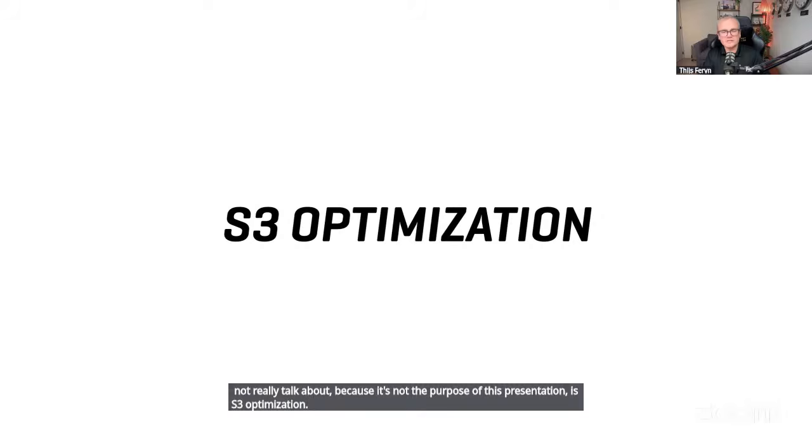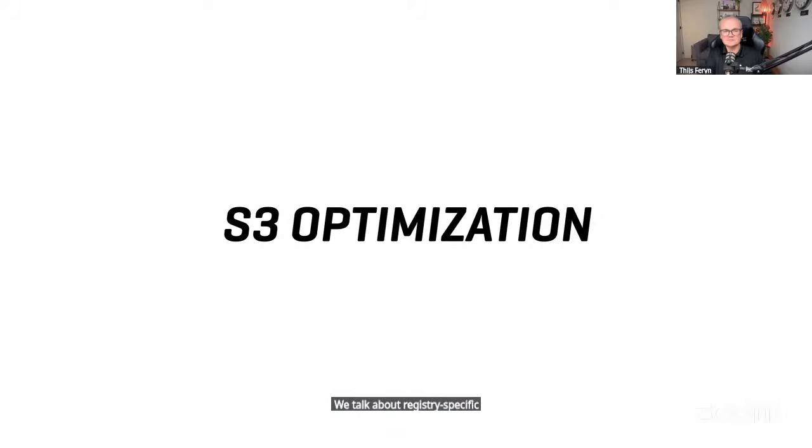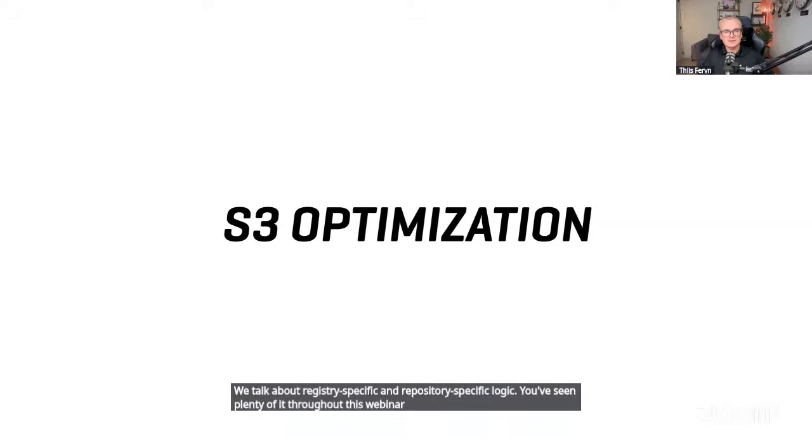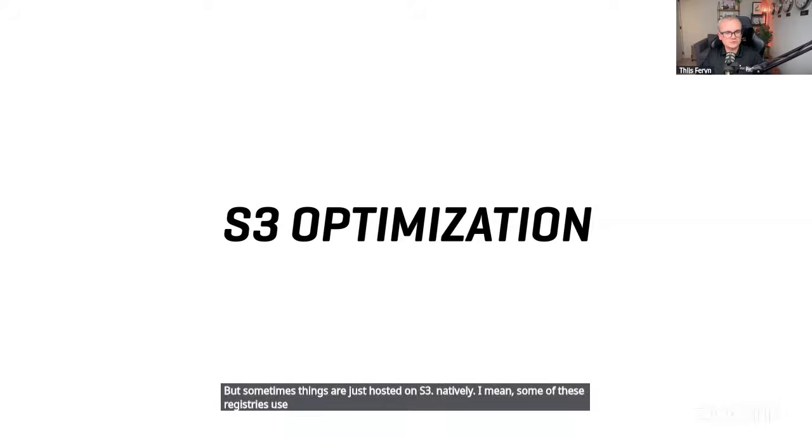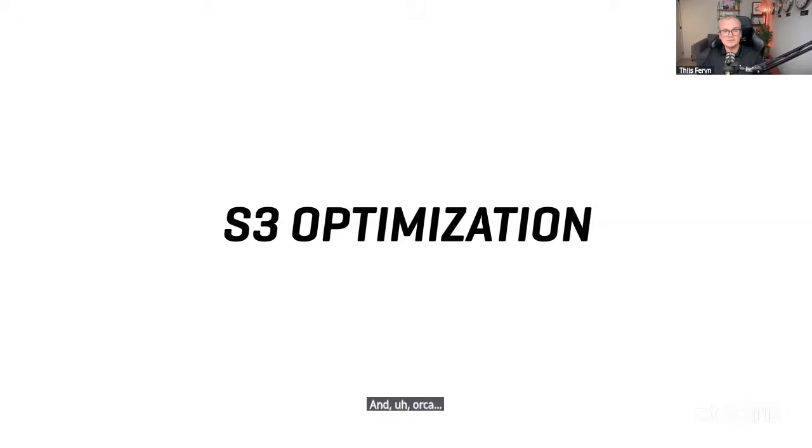We talk about registry-specific and repository-specific logic. You've seen plenty of it throughout this webinar, but sometimes things are just hosted on S3 natively. Some of these registries use S3 as an underlying storage, but some blobs, some files are just stored on S3. And Orca also has, or will have, the capabilities of interacting with that.